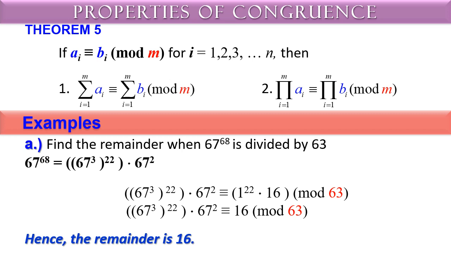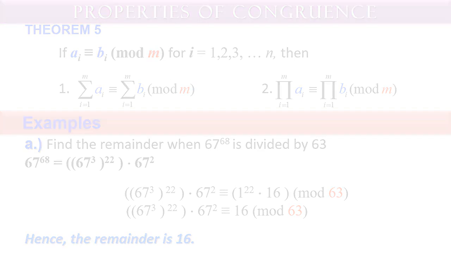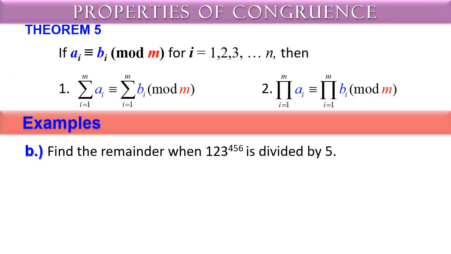Let's have another example. Find the remainder when 123 raised to 456 is divided by 5. We are going to do the same process as what we did earlier. First, we need to find the cycle of base 123 modulo 5 until we get a remainder of 1.